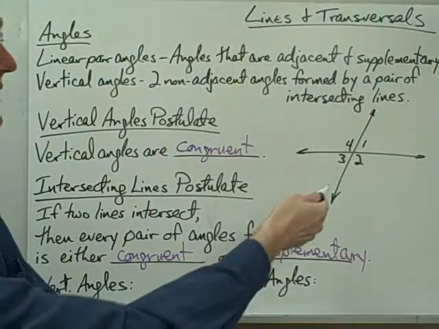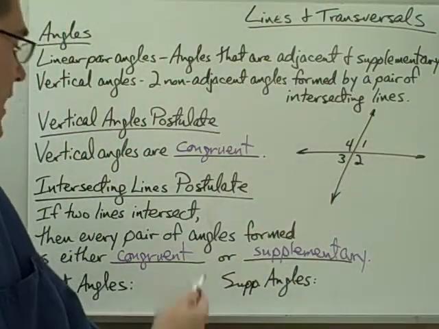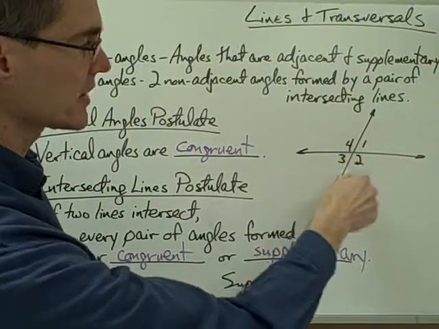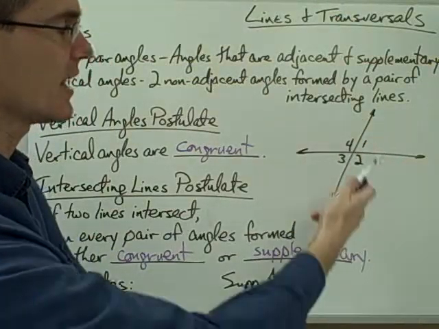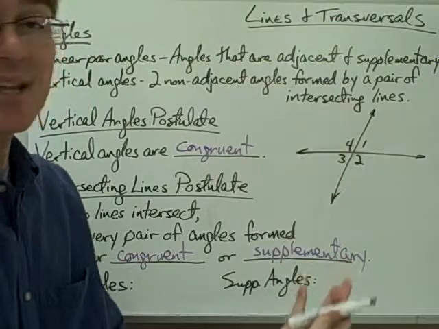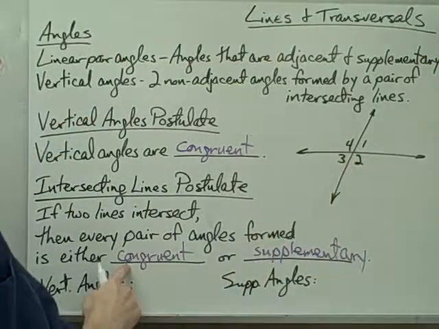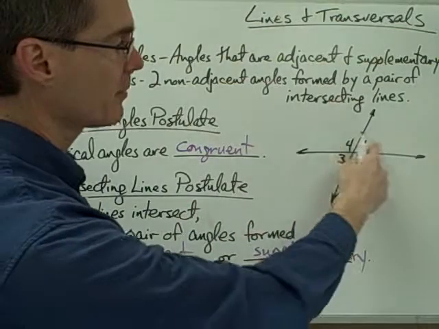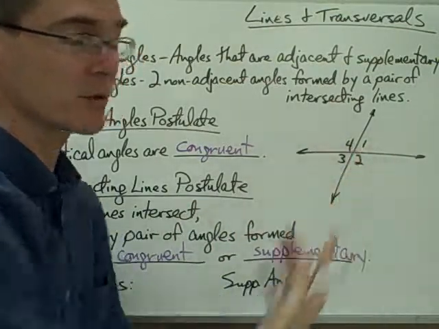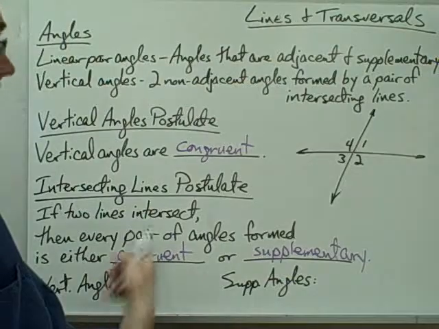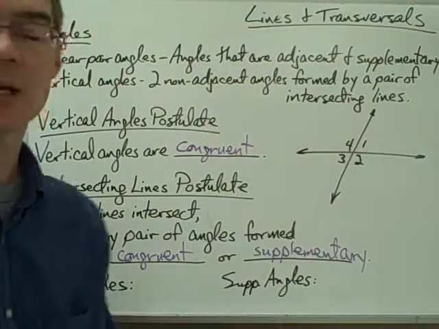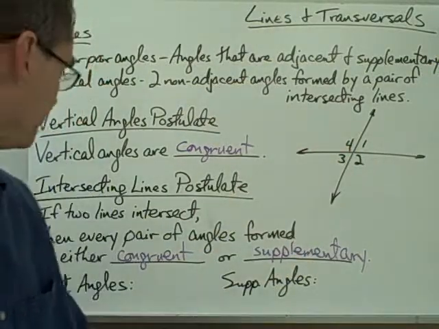And now again, hopefully that's not too hard to see with this diagram right here. Since every pair of angles in this picture, where I've got these two intersecting lines, is either a pair of vertical angles, in which case they're going to be congruent, or they're a linear pair of angles, in which case they're going to be supplementary, we can see every single pair of angles has got to be either congruent or supplementary.